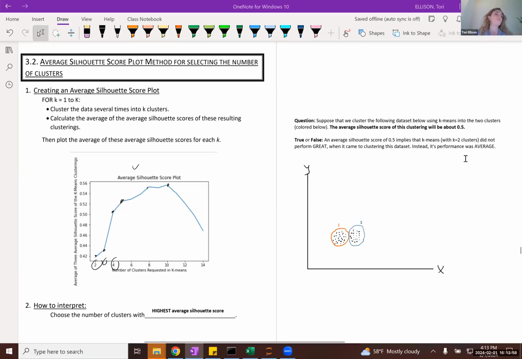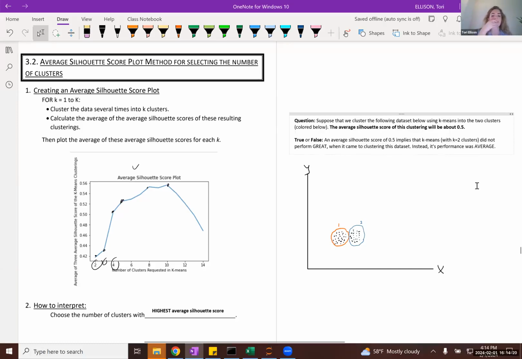So let's think about this interpretation here. I take that 0.5, which is about halfway between 0 and 1, and I claim that this average silhouette score implies that k-means, when we're looking for 2 clusters, didn't perform great when it came to clustering this data set, but its performance was average. So what do we think?